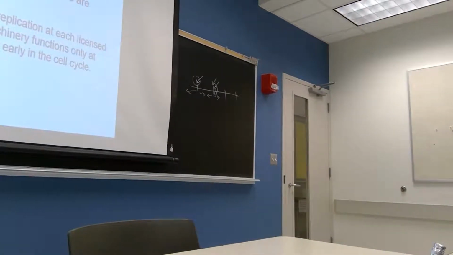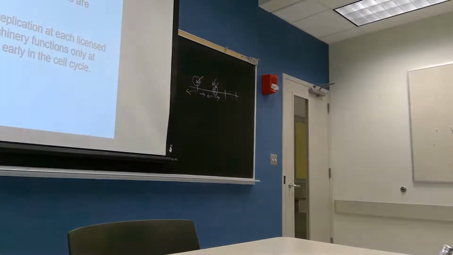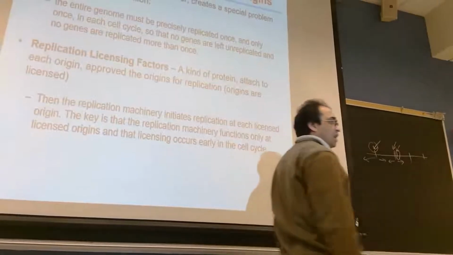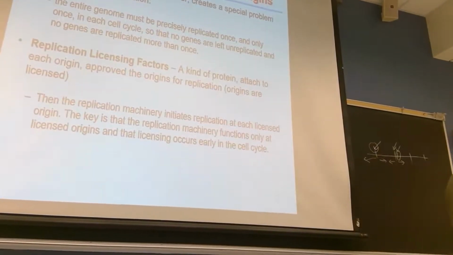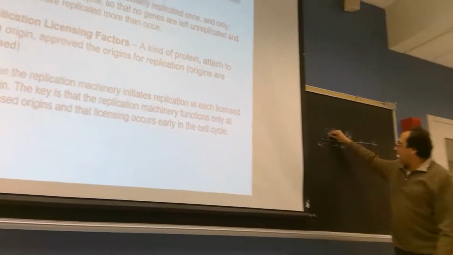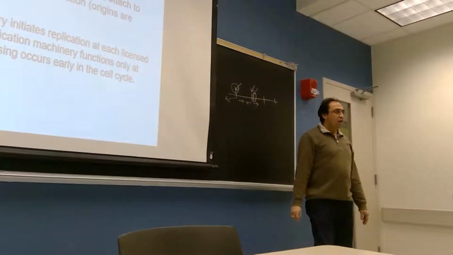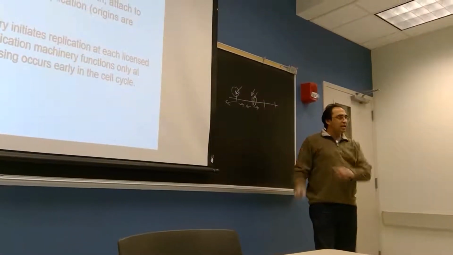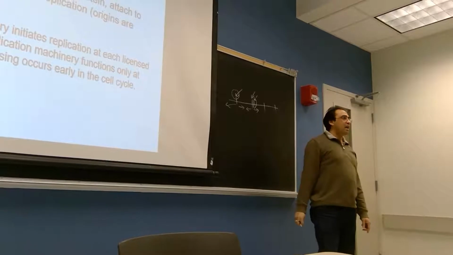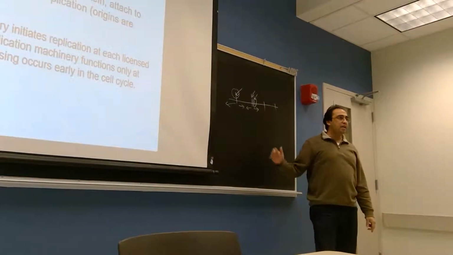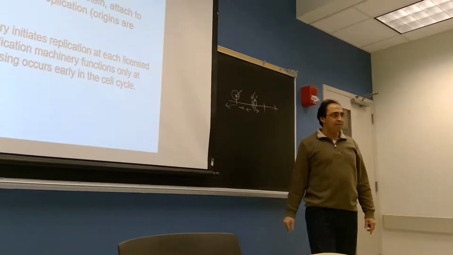And there are certain proteins that can do these things. This is called licensing. These are replication licensing factors. Some proteins will bind to these origins. When they are bound to the site, those origins are activated. Otherwise, they are deactivated.